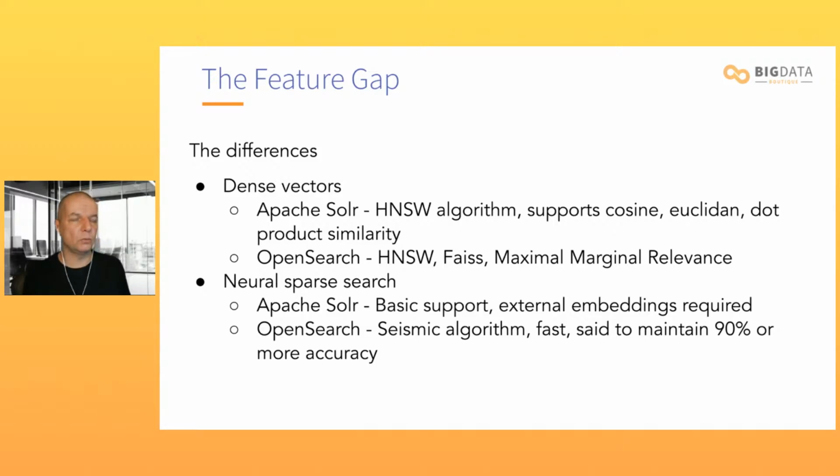So we have the various algorithms supported by Solr, similar to OpenSearch. However, we have the FICE and maximal marginal relevance in case of OpenSearch. The MMR, I think, was added in 3.3, if I recall correctly.